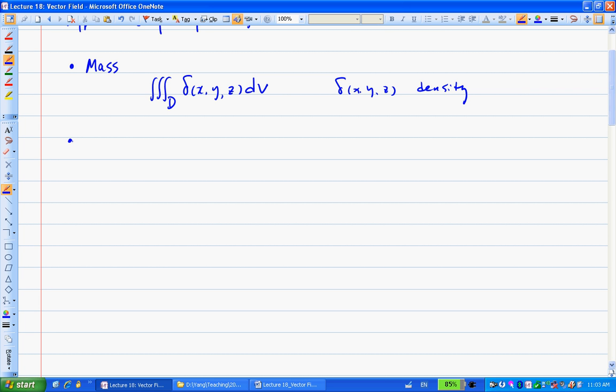And we also need the so-called average value. If you recall, in double integral we had an average value of a certain function f over this region D. All you need to do is change the double integral into triple integral.